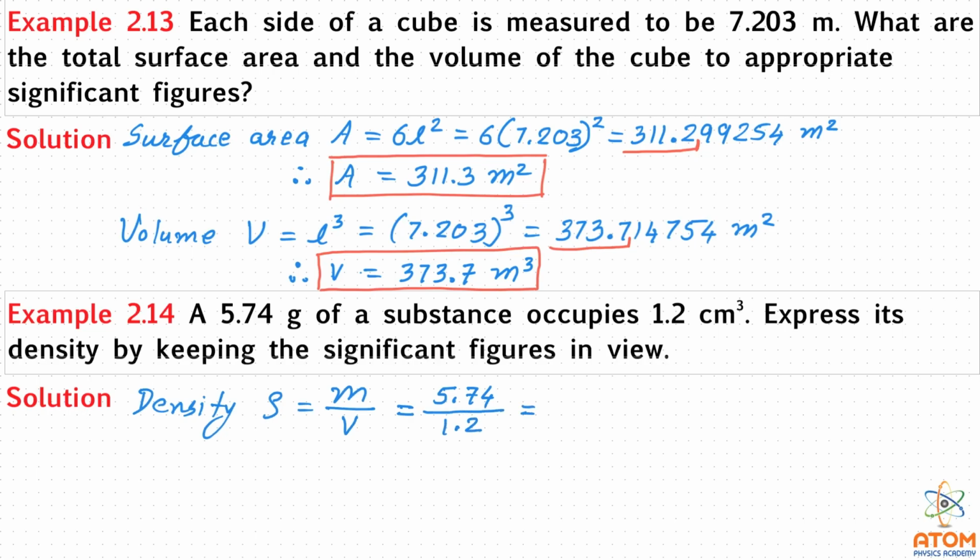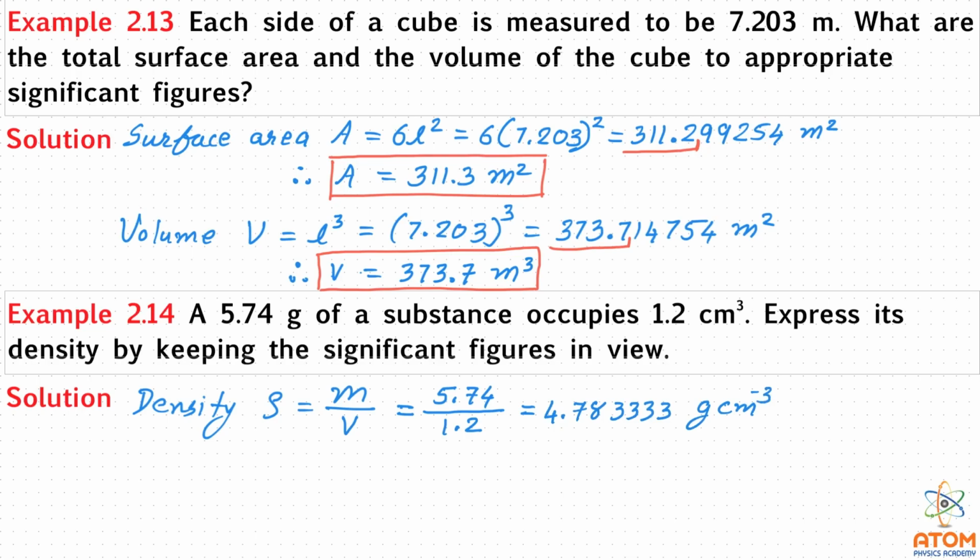So this will give us 4.783333 and so on, this much gram per centimeter cube. The unit is CGS here.